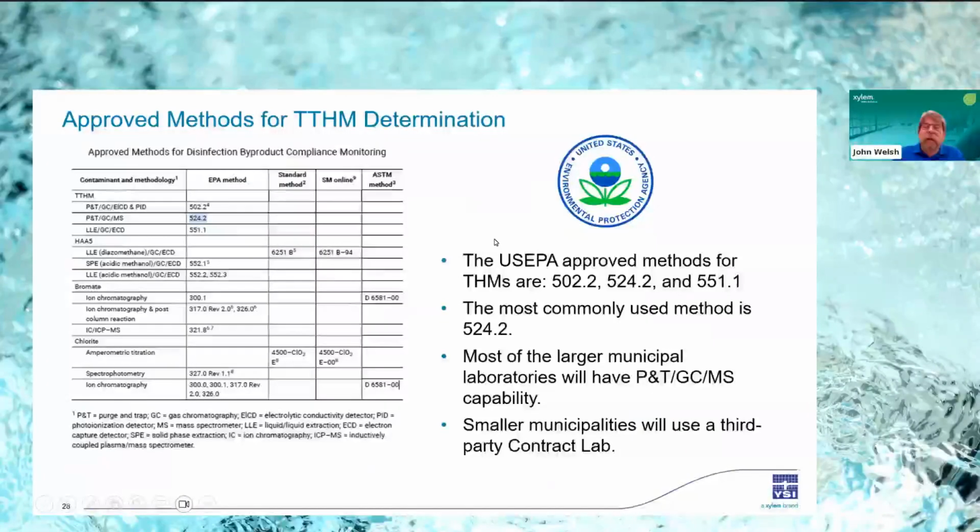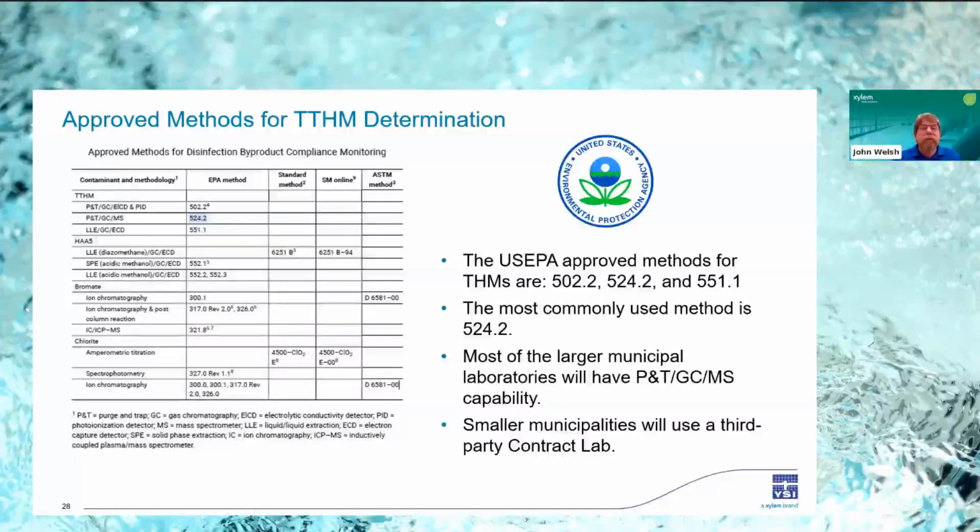The US EPA methods primarily are the purge and trap GC mass spec methods, the most commonly used one being method 524.2. In some cases, larger municipal laboratories may have this capability. If not, then these samples would be sent out to another laboratory to perform this analysis for them.